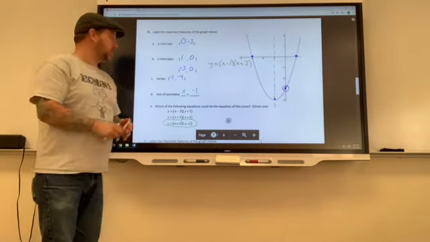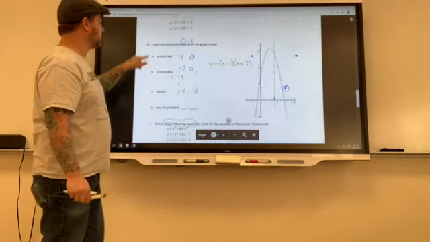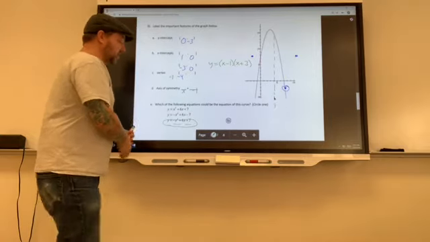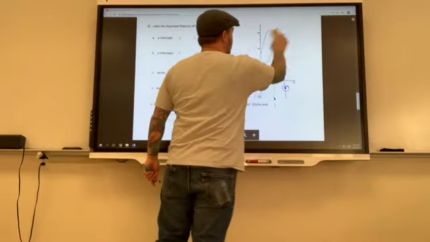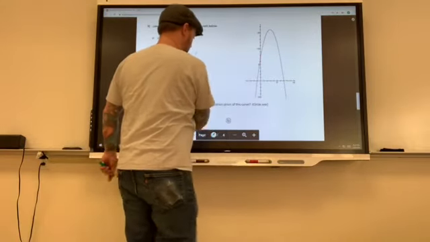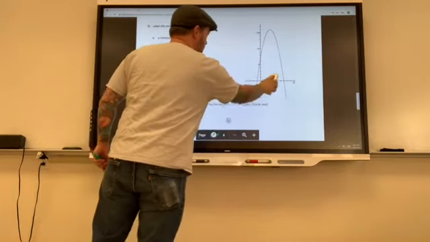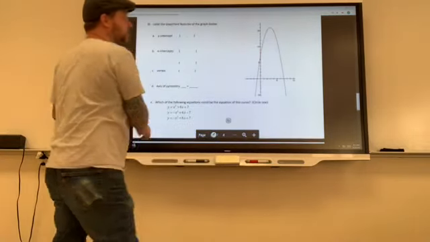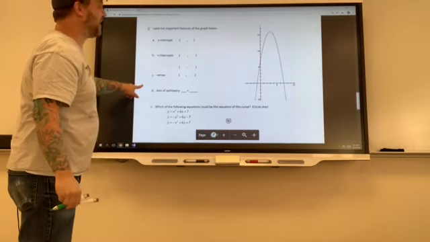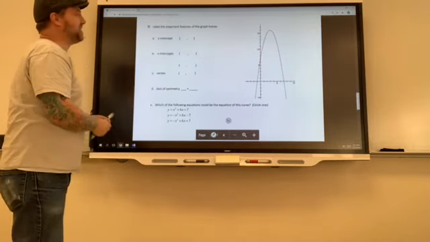And there you go. All right, let's try this one. Label the important features. Let's find out. All right, y-intercept.